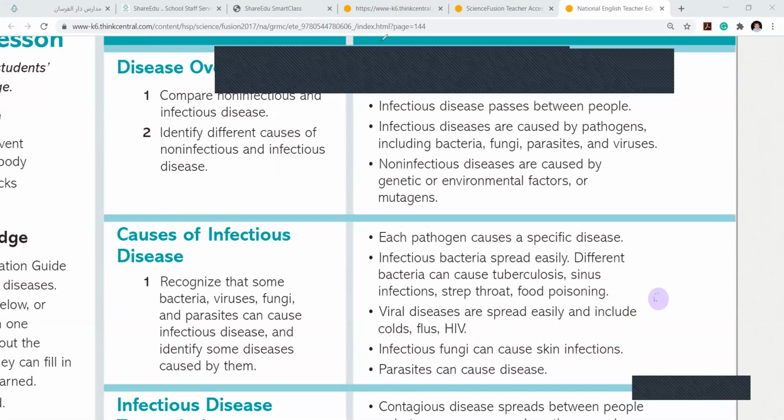It is almost like a circle. It is on the skin, the red dots, and it is itchy. It is disturbing you. This is like a fungal infection on your skin. Now, parasites can also cause diseases.